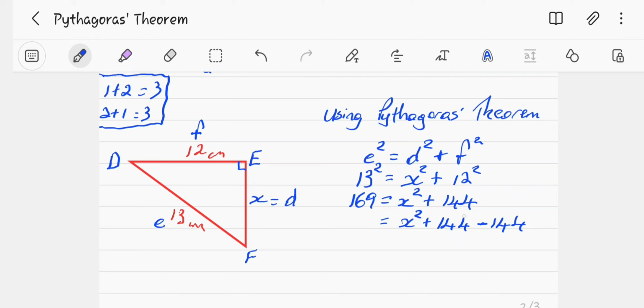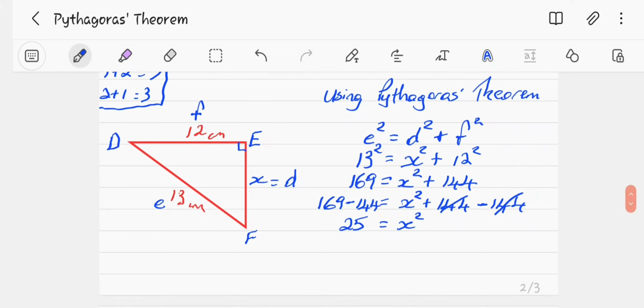Since I subtracted 144 on my right-hand side, I also need to subtract 144 on my left-hand side to keep my equation balanced. 144 minus 144 is 0, and I have the x squared on that side, so I just write back my x squared. I know that 169 minus 144 will leave me with 25.